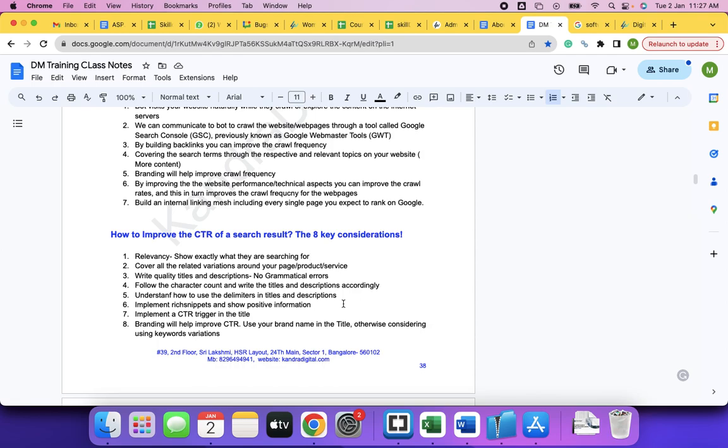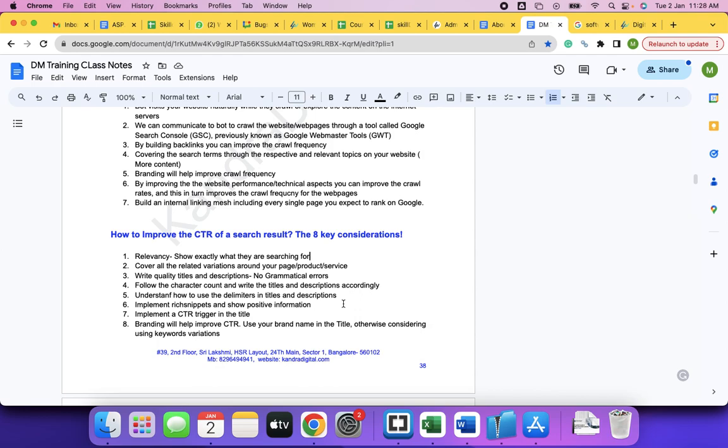Sometimes even within 65 or 68 characters your pixel value can be beyond 512 pixels, especially when you use characters like comma, semicolon, apostrophes. So instead of them, try to use colon, pipeline, hyphens. We will discuss that in detail.